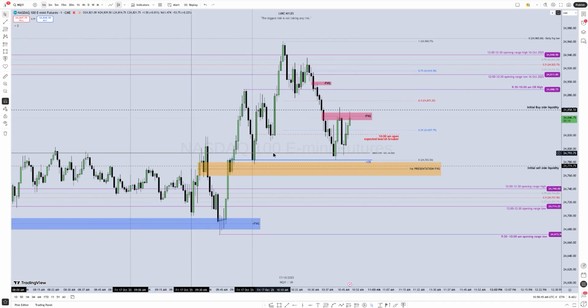Remember, we are working in the 9:30 to 10 a.m. opening range, just like that. I think, yeah, and that gives me clarity upon this. So marking in, yeah, these are the quadrants I'm using for the 9:30 to 10 a.m. opening range.